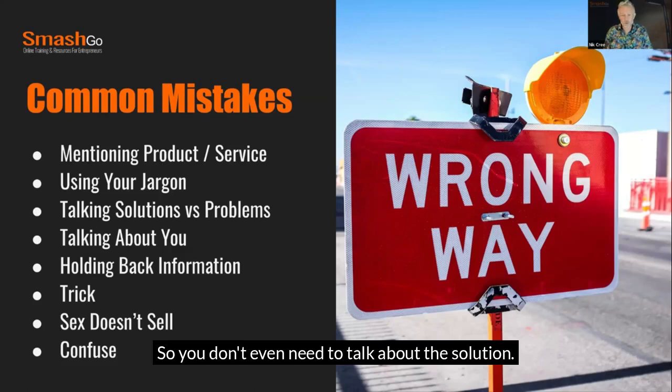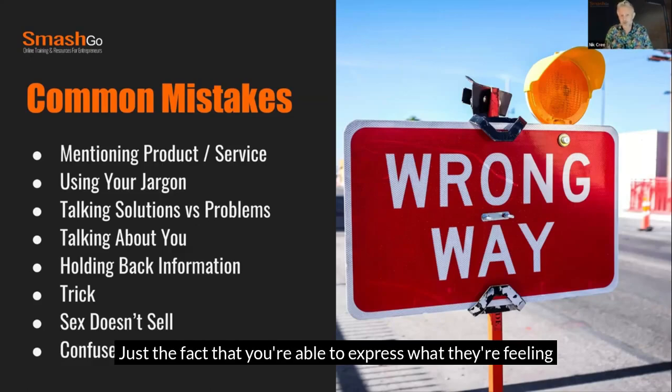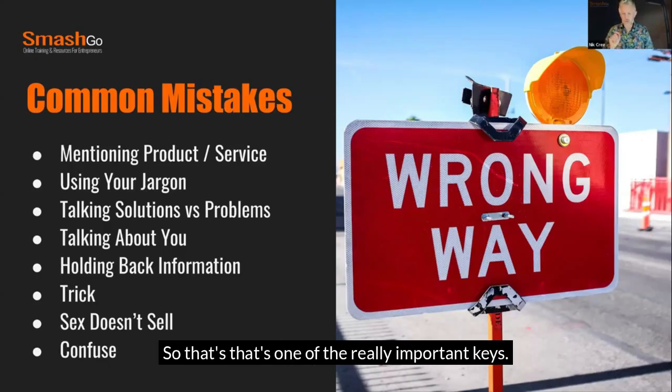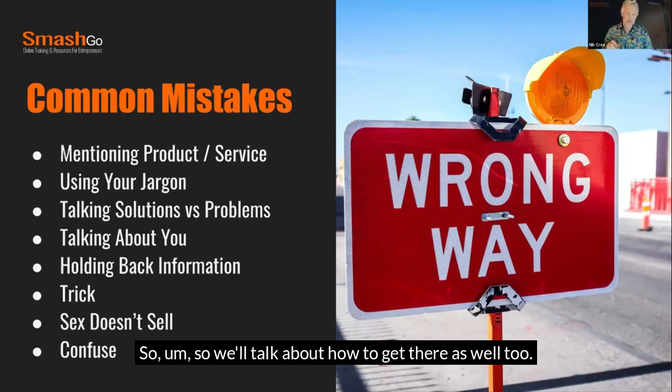You don't even need to talk about the solution. Just the fact that you're able to express what they're feeling that they haven't been able to express themselves, they think you've got the solution. That's one of the really important keys, and we'll talk about how to get there as well.